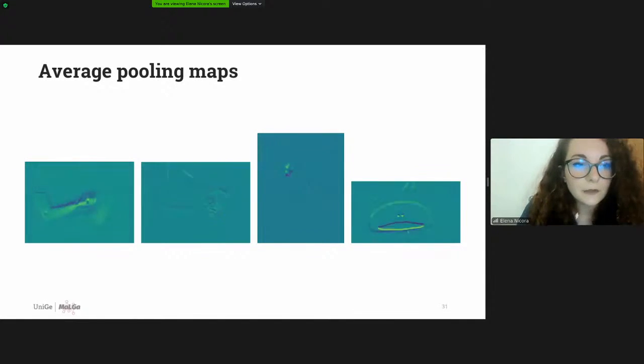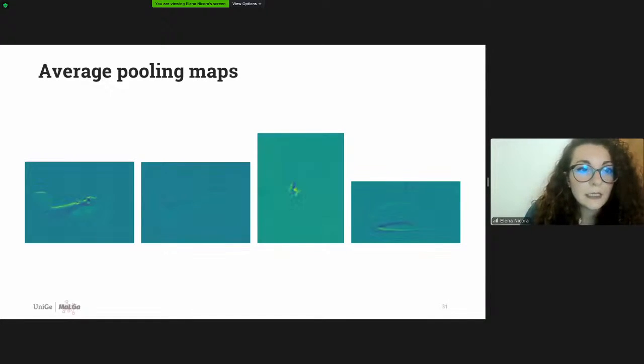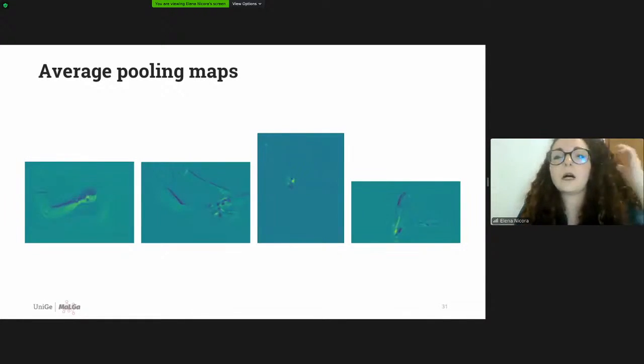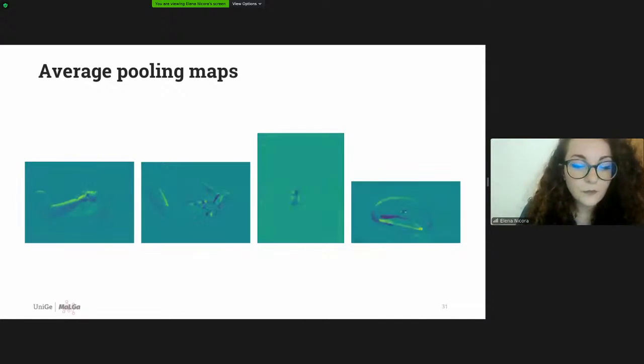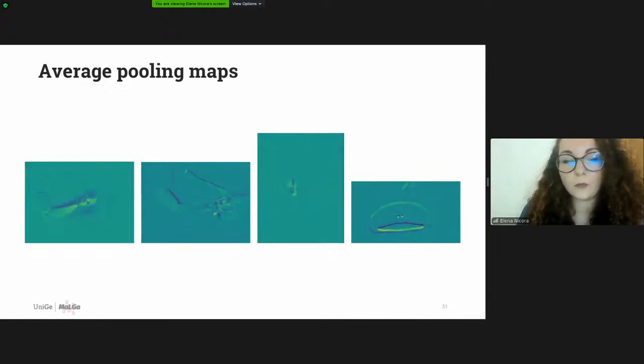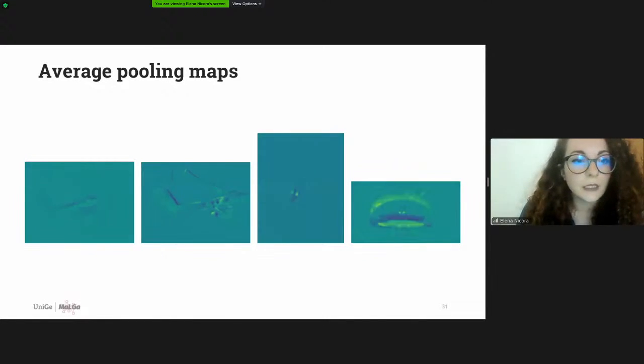The very interesting aspect of these average pooling maps is that, of course, our projection values were normalized between 0 and 1, so we can expect values around 0.5.